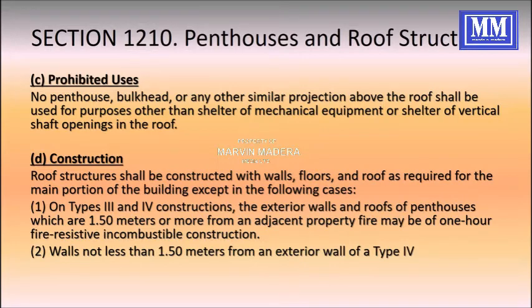For type 3 and type 4 construction, the exterior walls and roof of penthouses, which are 1.5 meters or more from the adjacent property line, may be of 1 hour fire resistive incombustible construction. Walls not less than 1.5 meters above the exterior wall of a type 4 construction.